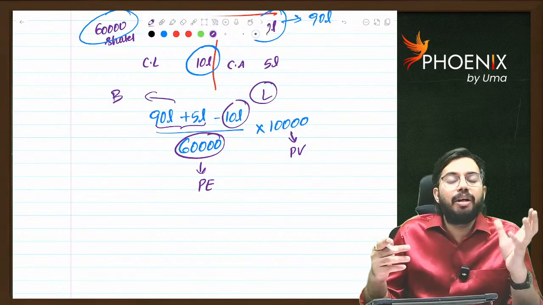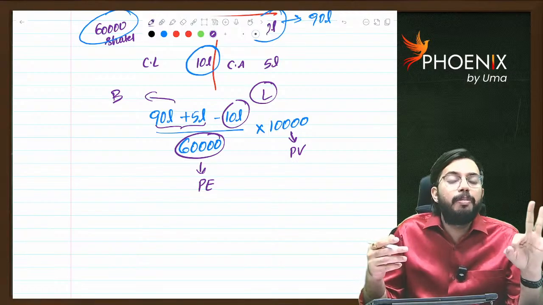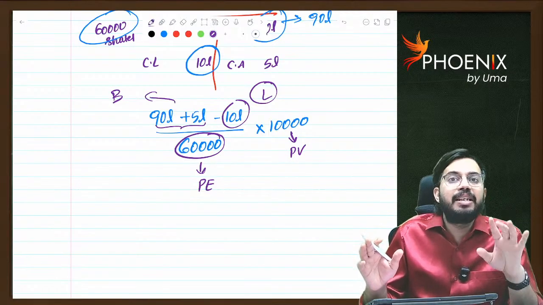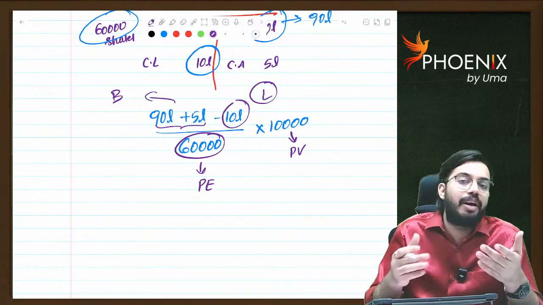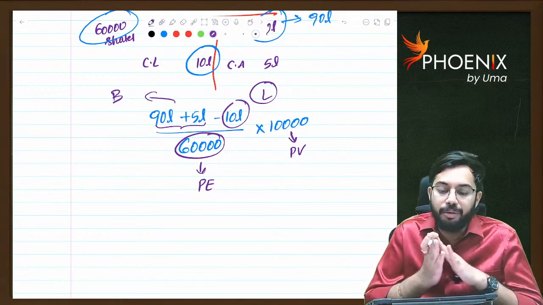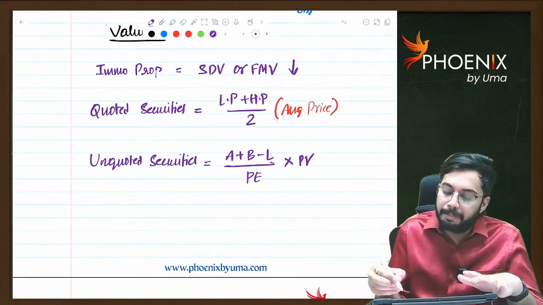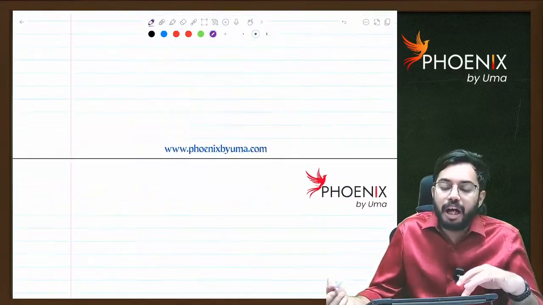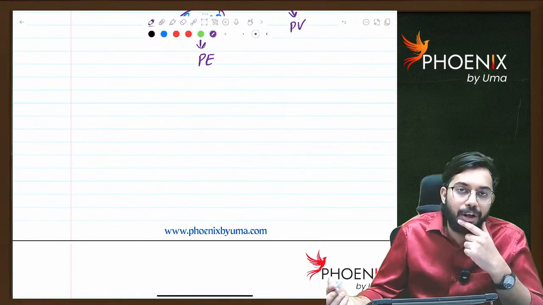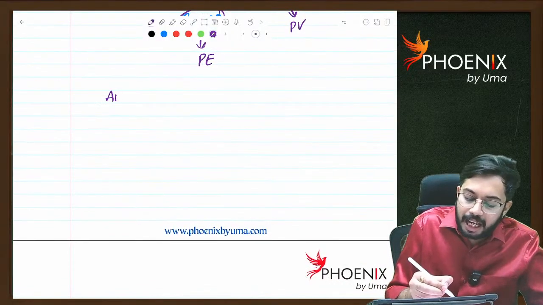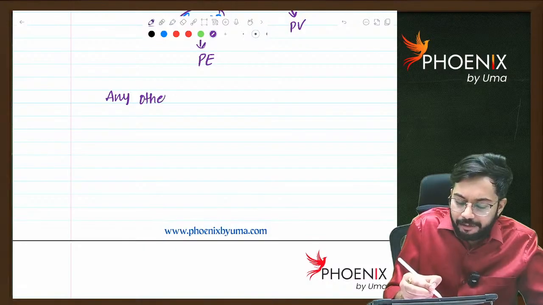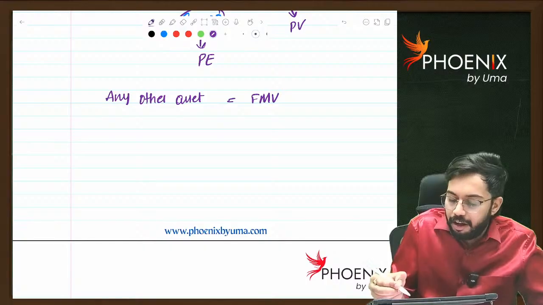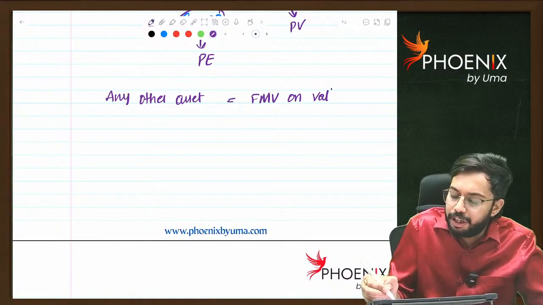See, if there are gold, jewelry, immovable property, for all of them you will consider fair market value. For any asset which you will not consider fair market value, you will consider book value. That's how we are going to arrive A plus B minus L divided by PE into PV. So we are going to calculate value of unquoted shares. So if there is any other asset, you will consider fair market value on valuation.